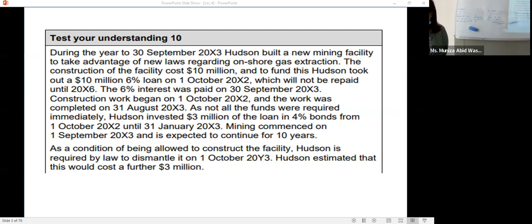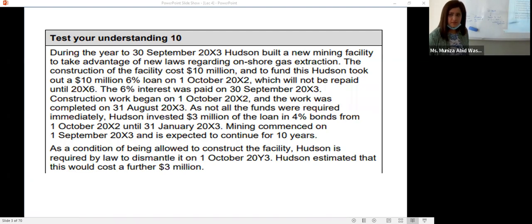And to fund this, Hudson took out a $10 million 6% loan on 1st October 2002. Obviously, we have to record the treatment in SOFP and SOPL both. That is why in SOFP, we have to record the cost of the asset. So when they are telling us that the construction of the facility costs $10 million, is it going to be included in the cost of the asset?